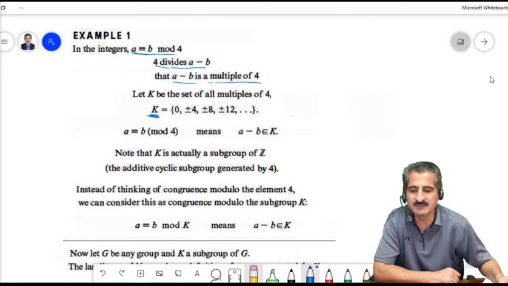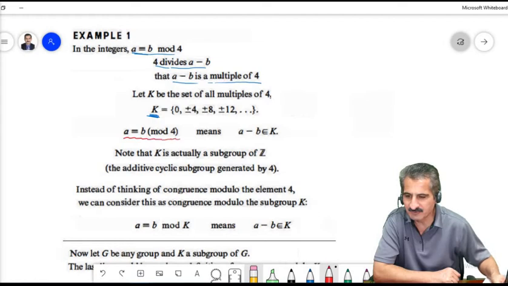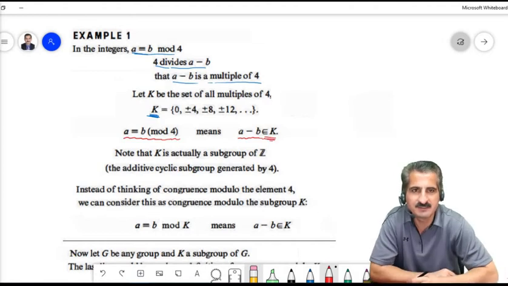So we will say that two integers a and b are congruent modulo 4 if and only if their difference belongs to K.